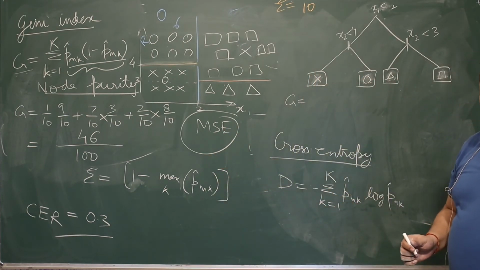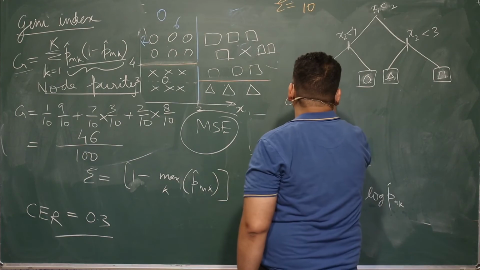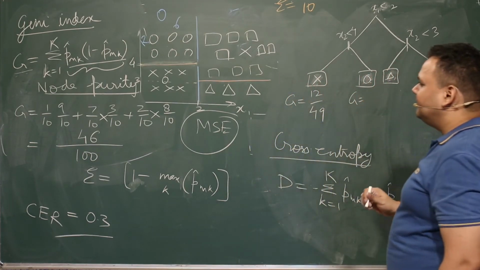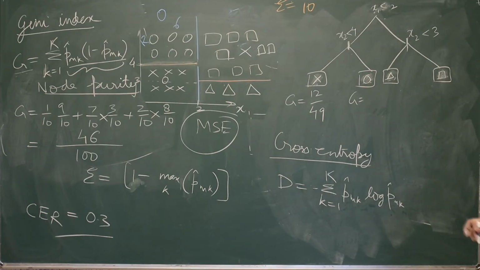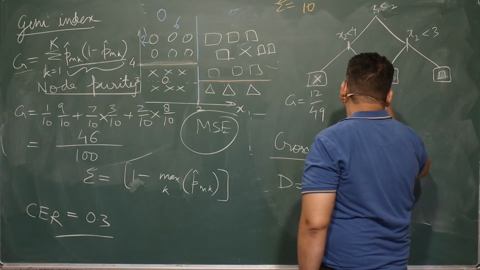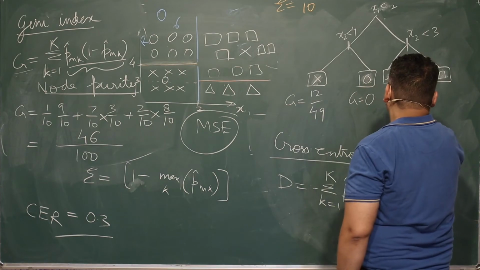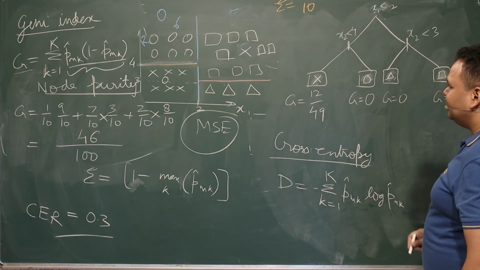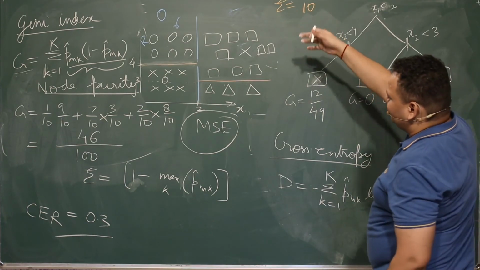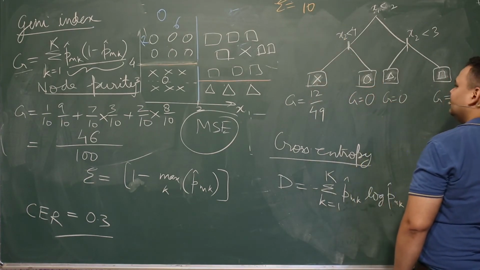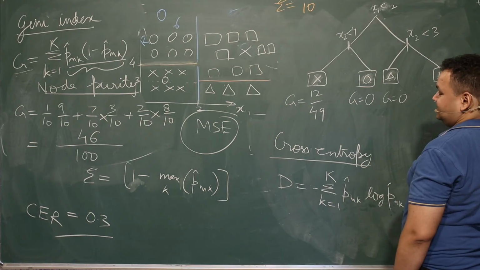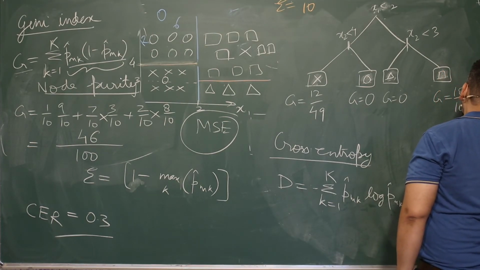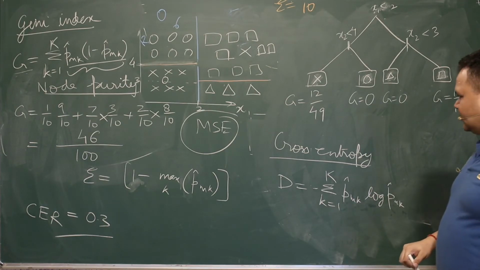Is that correct? Yes, sir. So the Gini index of this node is going to be 12 by 49. What about the Gini index of this? 0. Gini index of the triangle? Again 0. The Gini index of this is going to be, we have 9 by 10, 18 by 100. Is that correct? Yes, sir. 18 by 100.